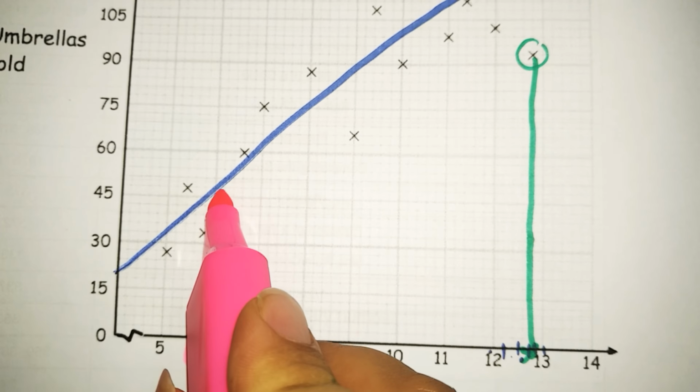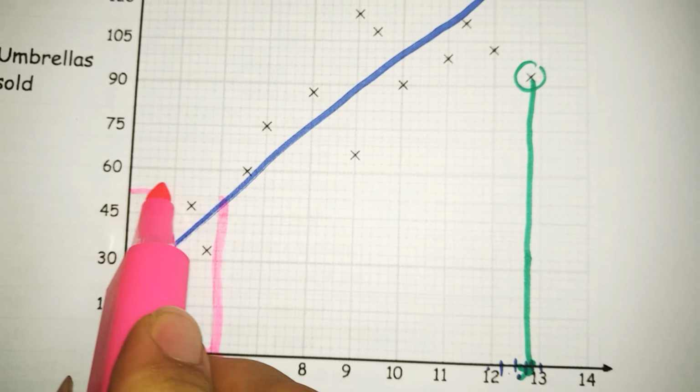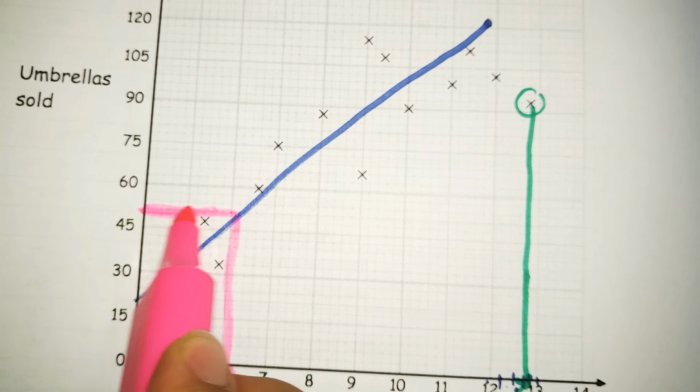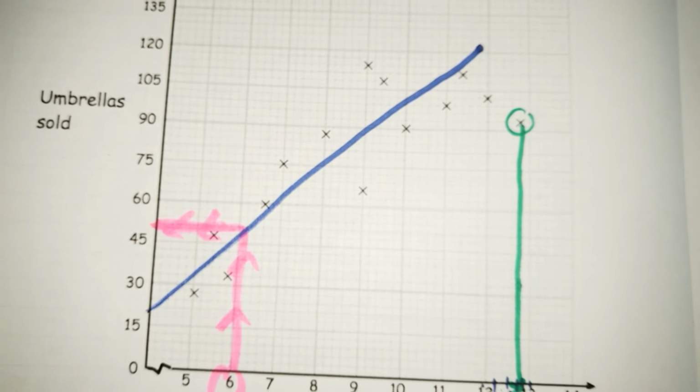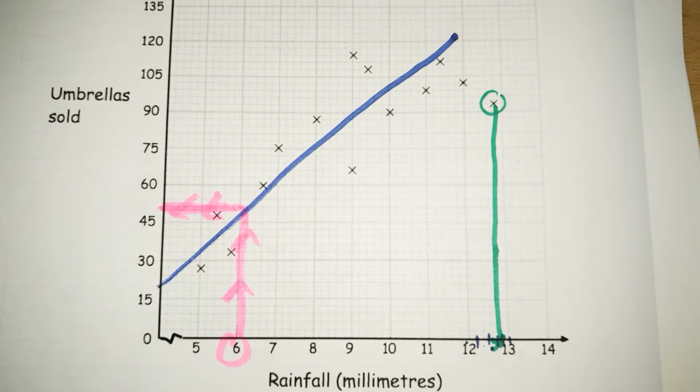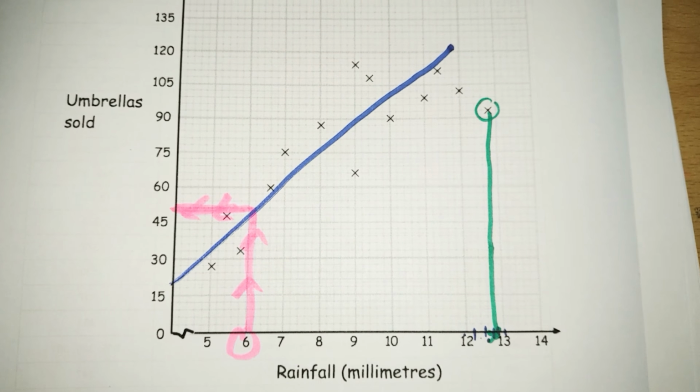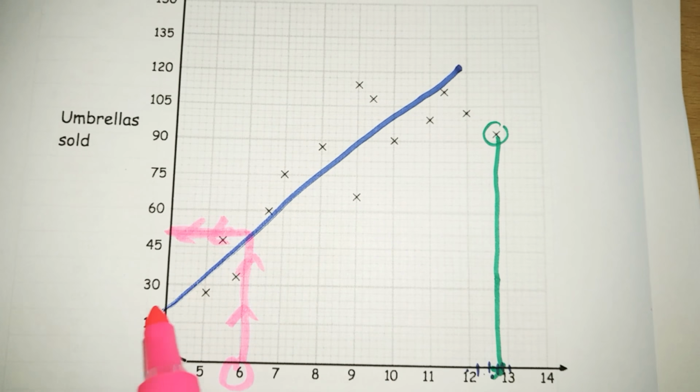You use your best fit line and go that way. You follow the arrow, please, and the umbrellas sold will be around 48.